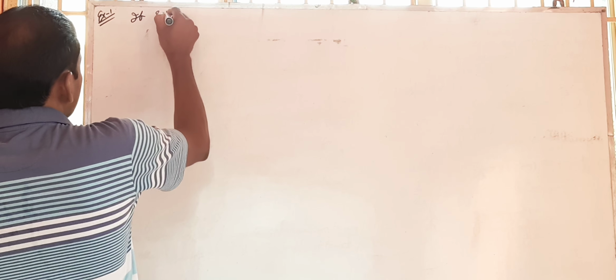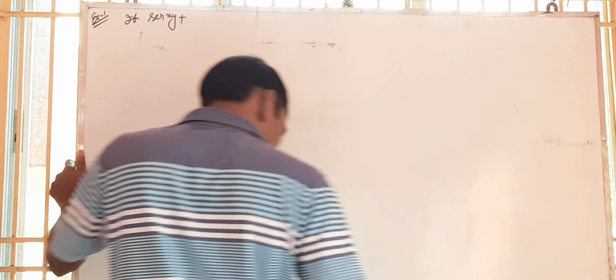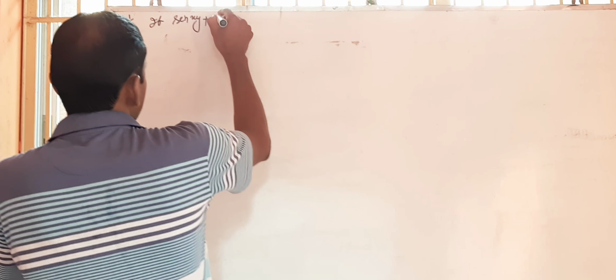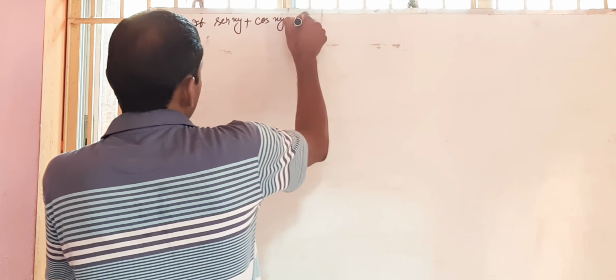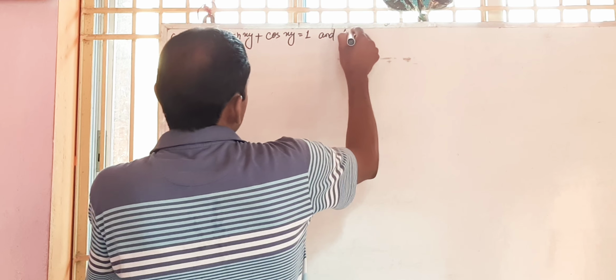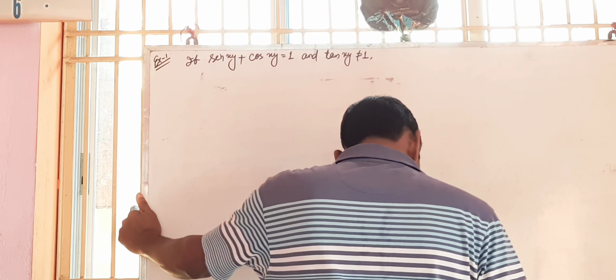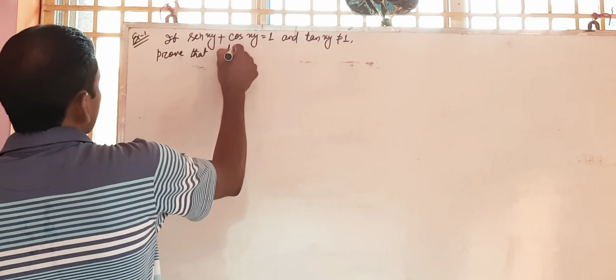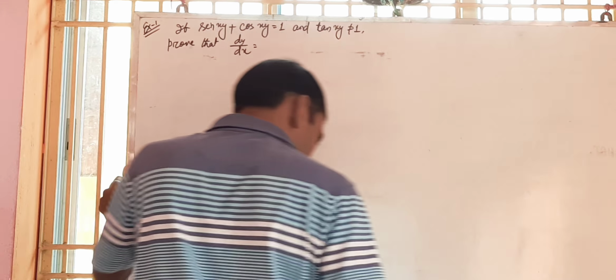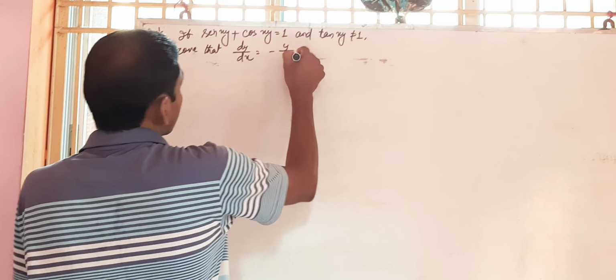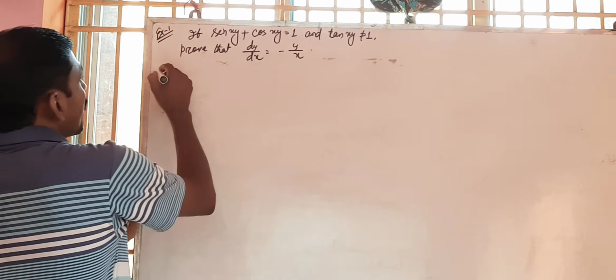If sin xy plus cos xy equal to 1, and tan xy is not equal to 1, then prove that dy by dx equal to minus y by x.